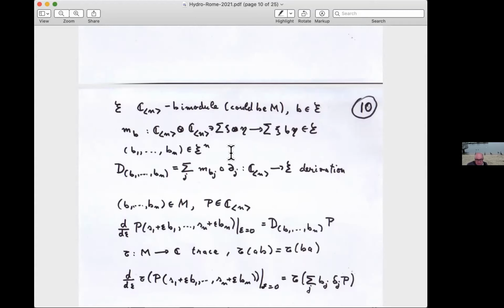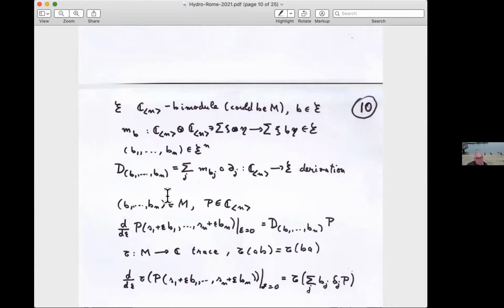It puts a B between Xi and eta instead of the tensor. Then if I use these insertion maps, I can define the analog of vector fields.